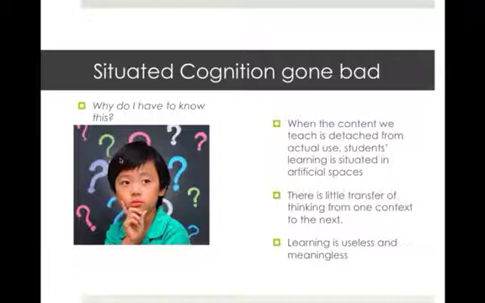So when we give them those worksheets, when we give them tasks that seem to have no point, which, by the way, I feel strongly that building foldables is one of those ways in which we are placing students in those artificial spaces. We're situating their thinking in artificial spaces.